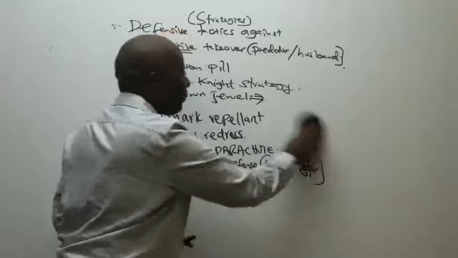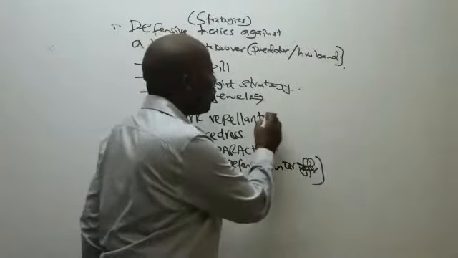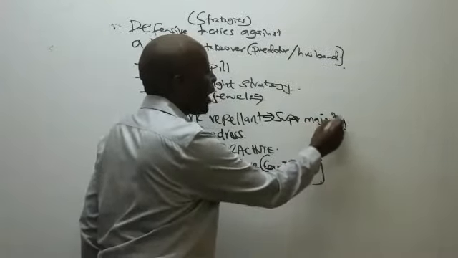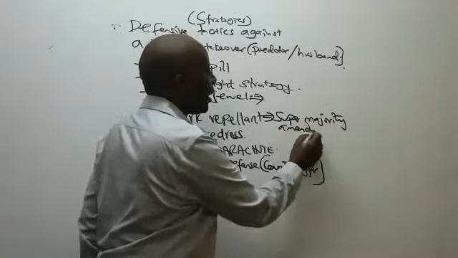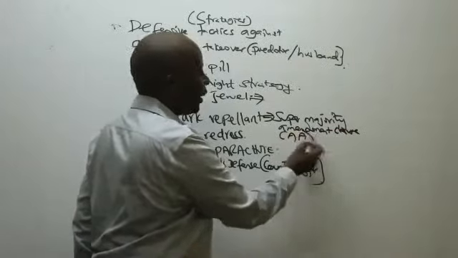Now from there, ladies and gentlemen, we have the shark repellent. This is where we introduce what we call a supermajority amendment clause in the articles of association.